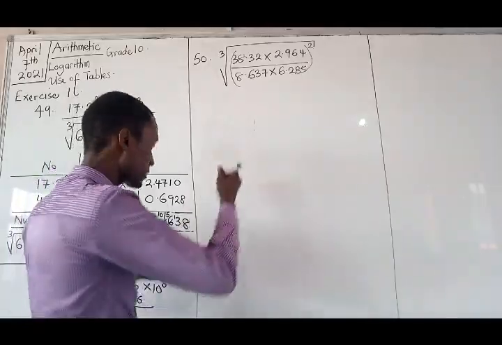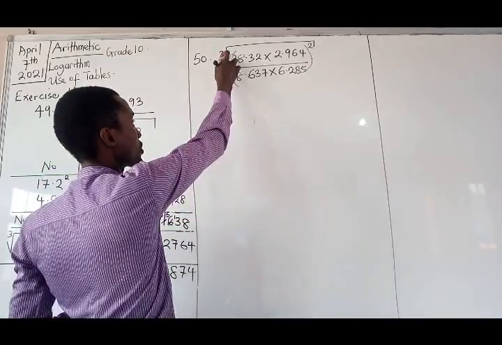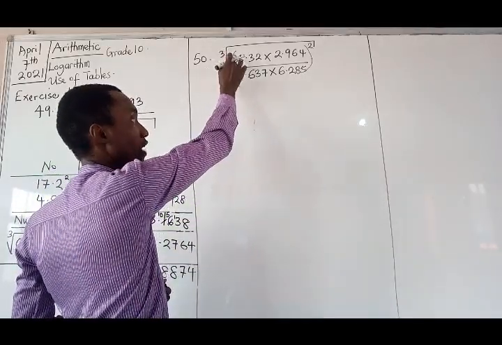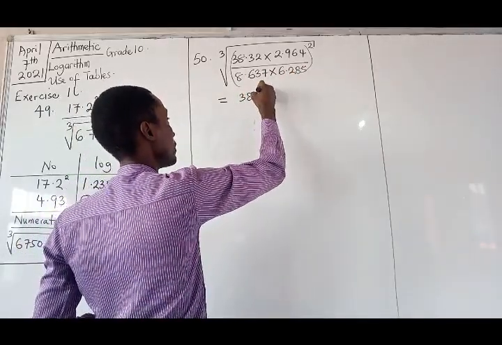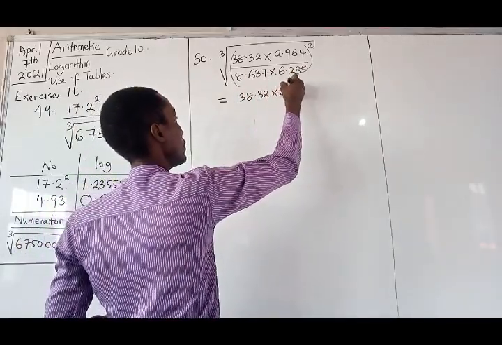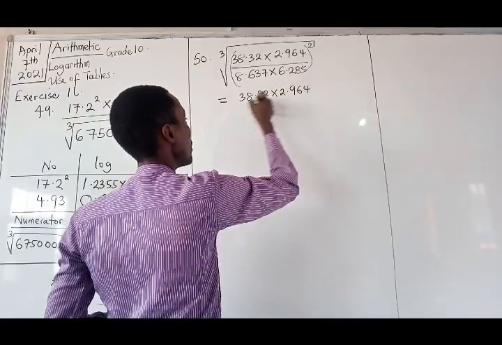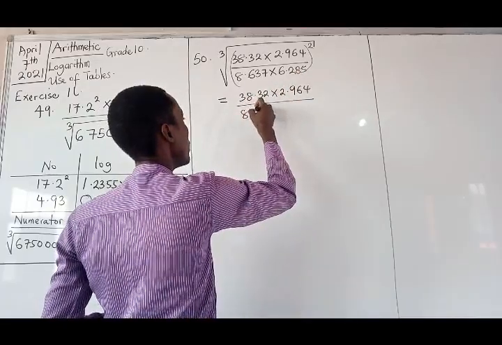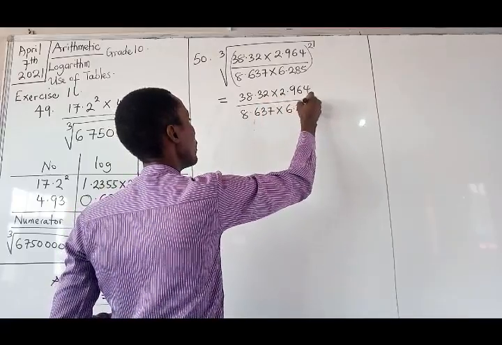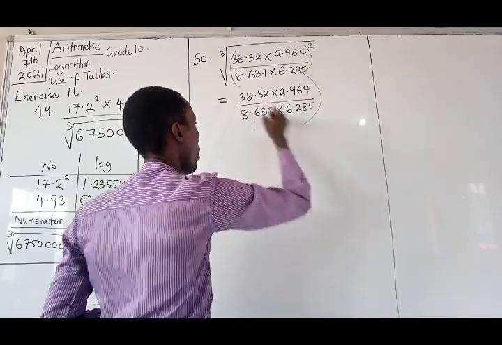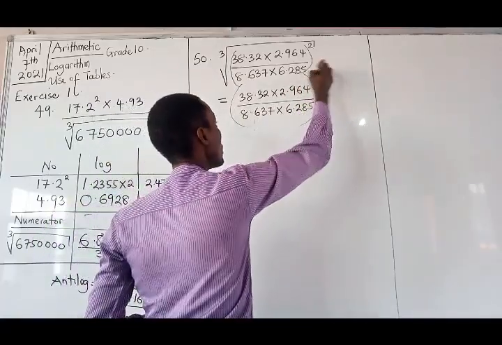If you look at this, we know that when you see root, it means what? 1 over. So I can rewrite this problem to be this. Watch me. Or raised to the power of 2.